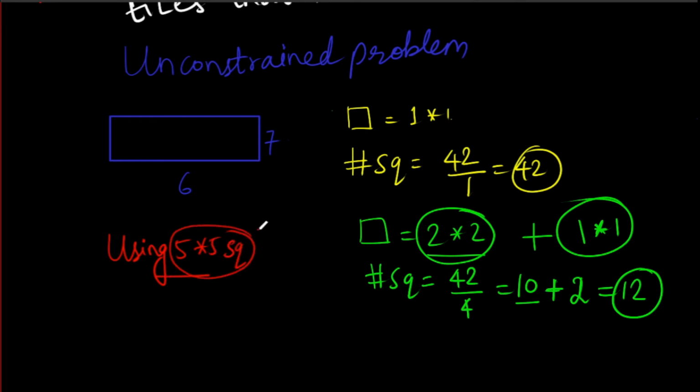How many such squares would be required to cover the entire rectangle? It is not possible using 5 cross 5. Hence, here 5 cross 5 becomes a constraint.